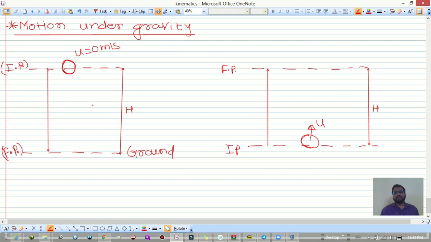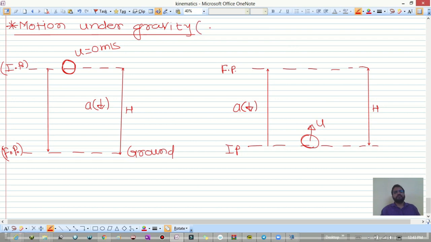Now if I ask what is the direction of acceleration, as this body is always accelerating towards the center of the earth, that is towards the ground, the body's acceleration will always be in the downward direction. Whether the body is moving upward or downward, the acceleration will always act downward.